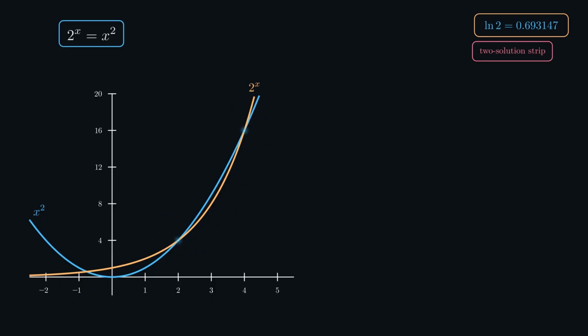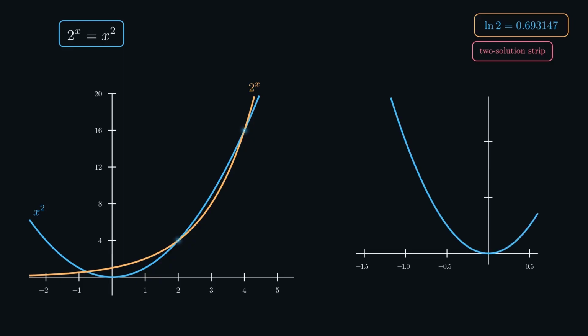But what about negative x? The parabola on the left side rises. It's a bowl. And the exponential? 2 to a negative number is small but positive, decaying towards 0. So at x equals 0, exponential is 1, parabola is 0.